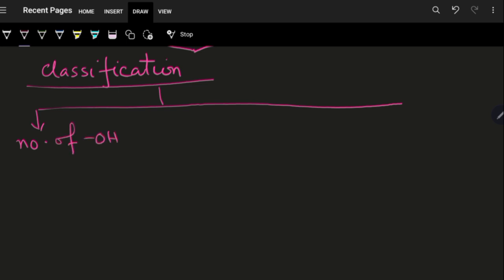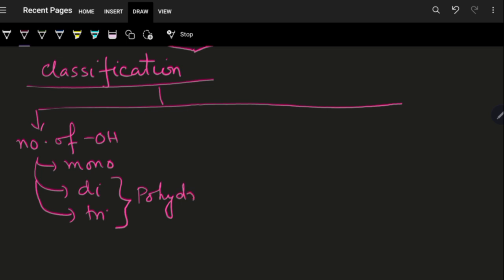So we can say it can be mono when there is one OH. It can be di when there are two, tri when there are three. Other than one OH group, for 2-3 OH groups, they are polyhydric compounds. Means there are more than one OH group attached to their structure.